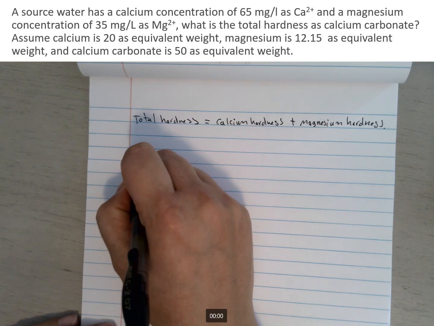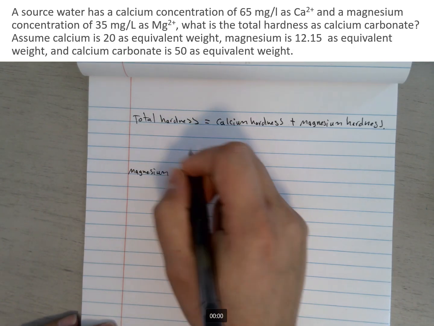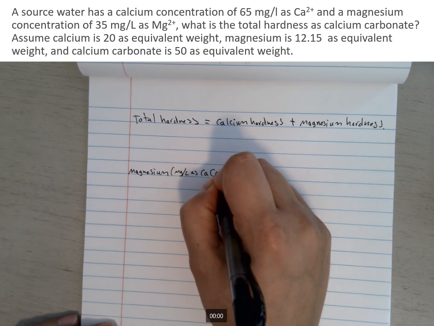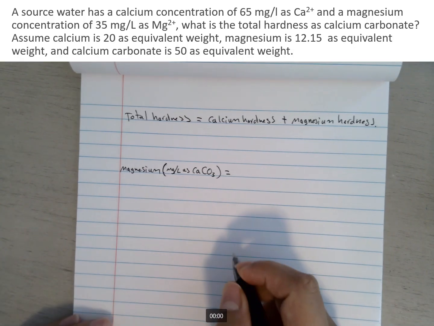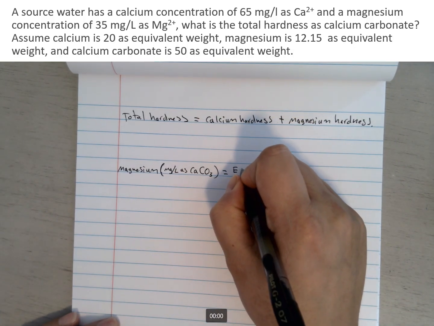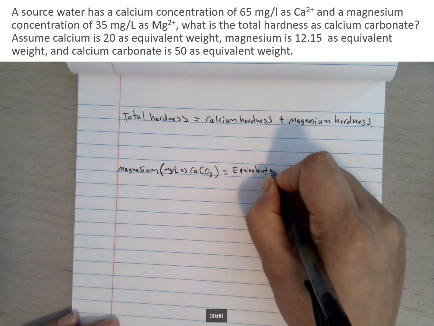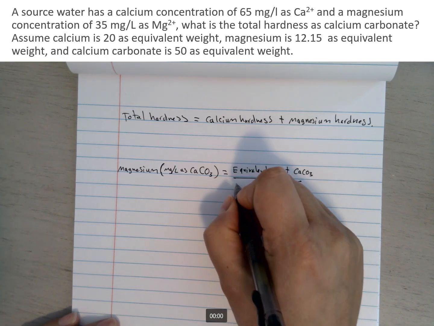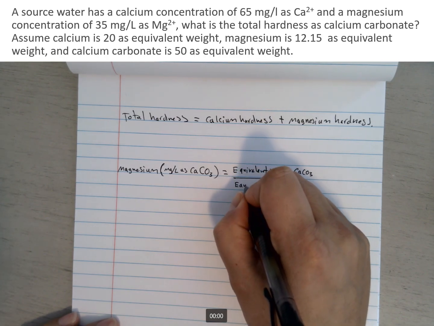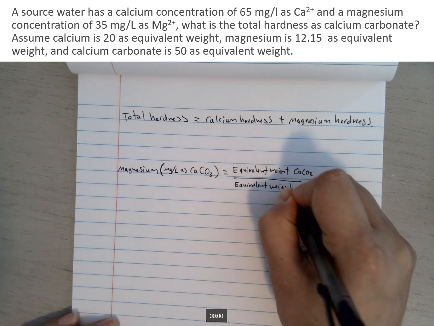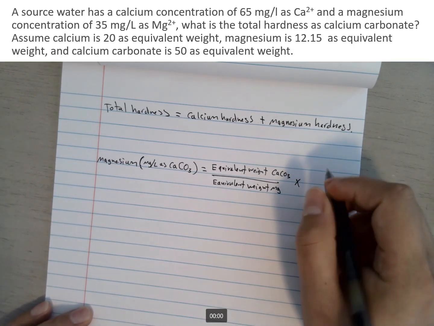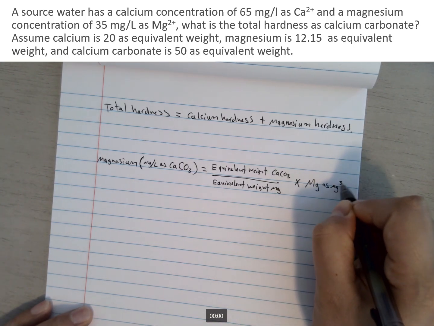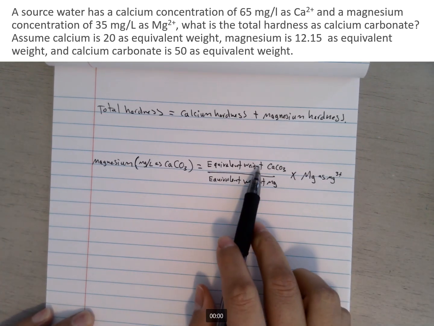So for magnesium, to convert that to units of calcium carbonate, it requires your equivalent weight of calcium carbonate divided by your equivalent weight of magnesium at the bottom, times your concentration of magnesium as magnesium ion. And we are given these in the problem statement.